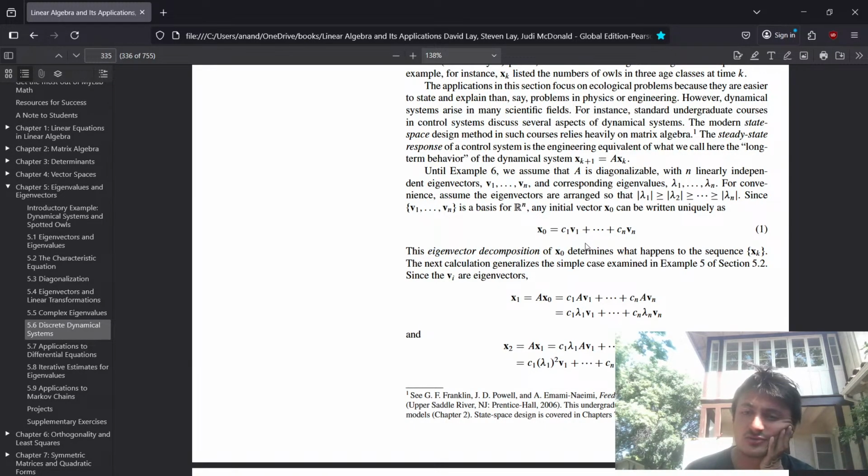Until example 6, we assume that A is diagonalizable with n linearly independent eigenvectors and corresponding eigenvalues.